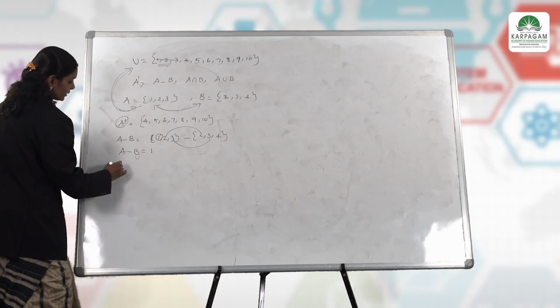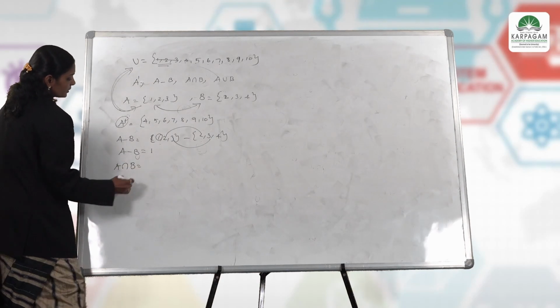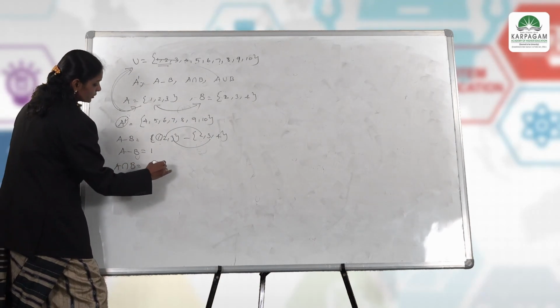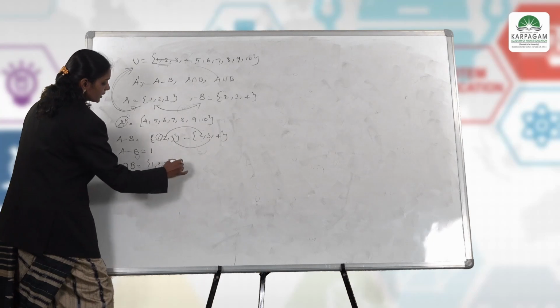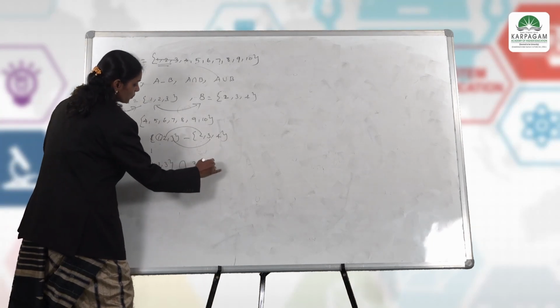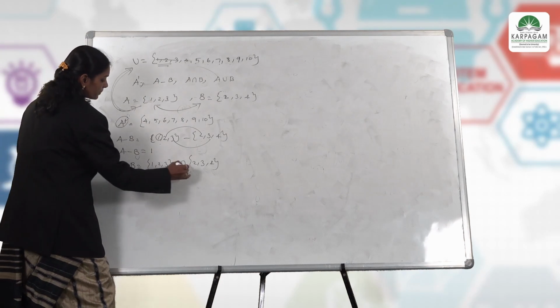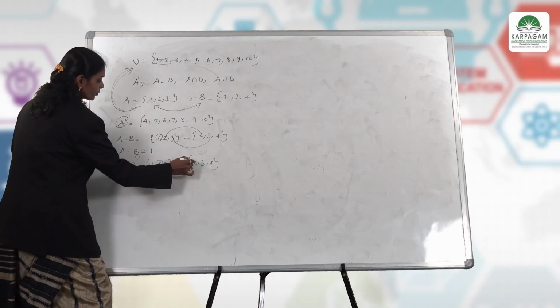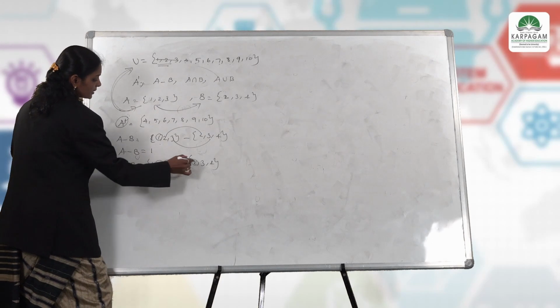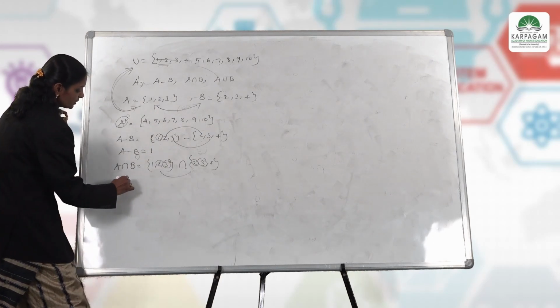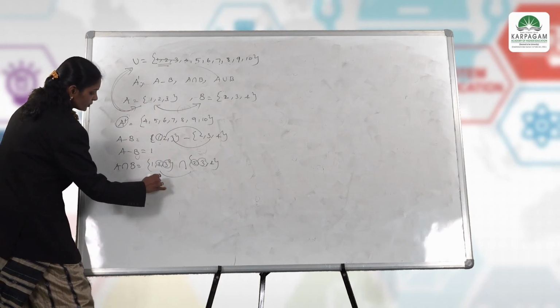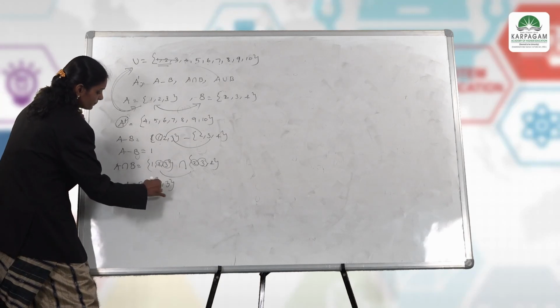Okay. Then A intersection B. What is A intersection B? A is {1, 2, 3} intersection {2, 3, 4}. Intersection is nothing but the common elements of A and B. So here 2 both have, 3 and 3 also both sets have. So A intersection B is equal to {2, 3}.